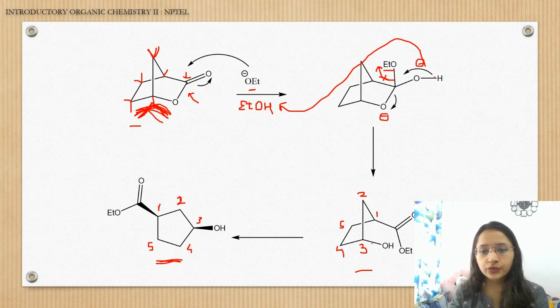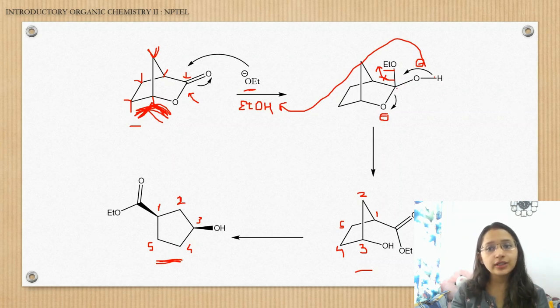So now, how is the stereochemistry in this system? Because this ethoxide is adding from the above side only. That is why after the OH bond cleaves, this carbonyl bond is getting formed here, right? So this carbonyl bond is above the plane because the ethoxide is coming from above, right?